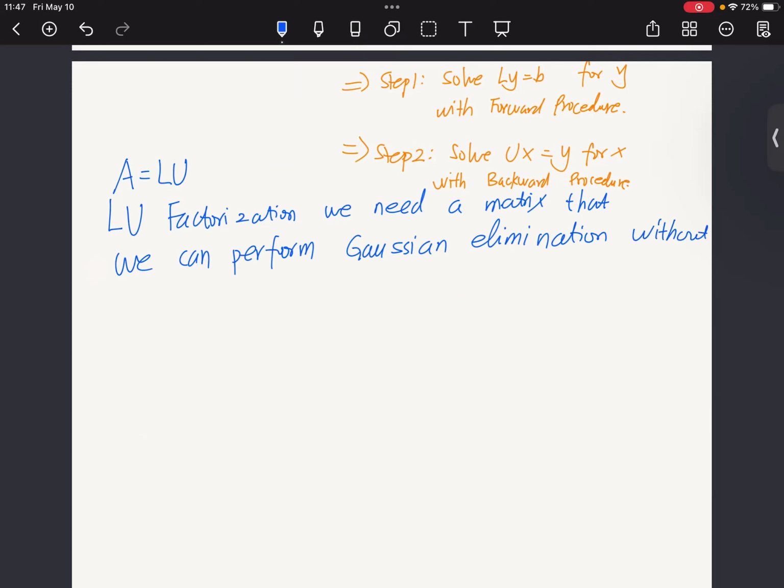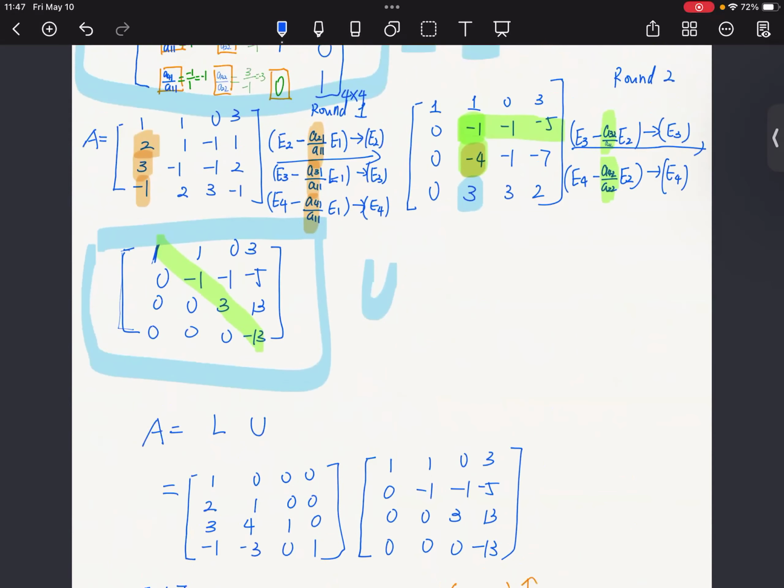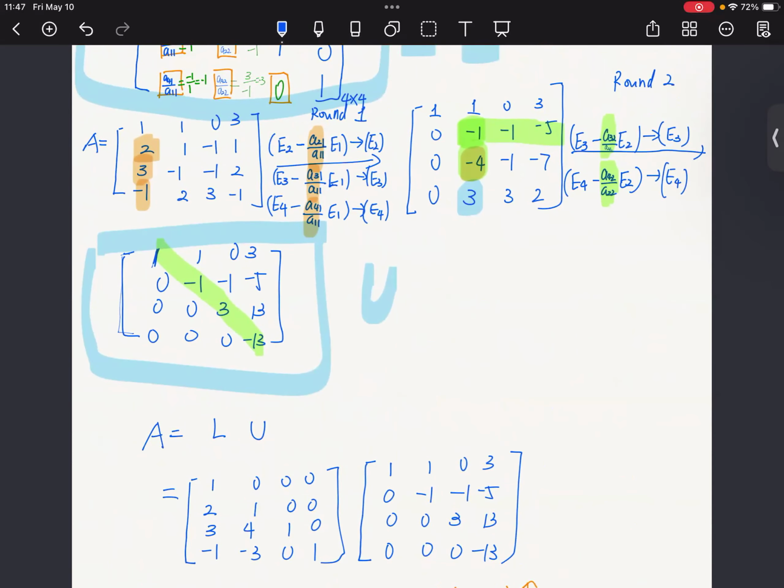This is one requirement for the matrix A here. But now the question is that, without going through all this Gaussian elimination, you don't know if you need a row exchange, right?